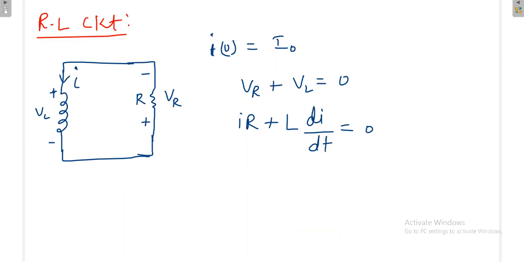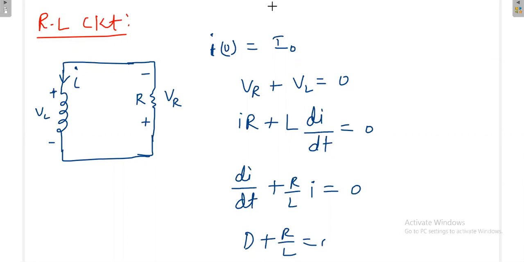Then you modify this equation: di by dt plus R by L I is equal to 0. That is similar to d plus R by L equal to 0.